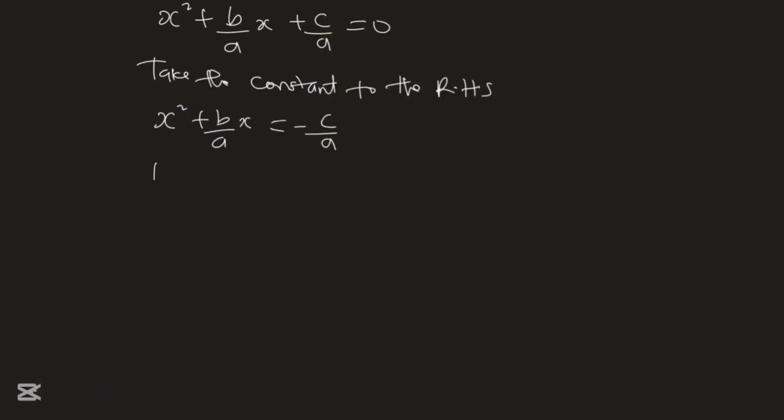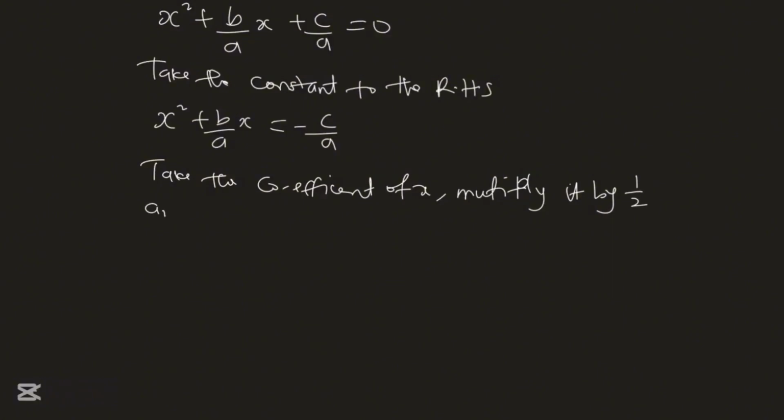So we take the coefficient of x, multiply it by 1 over 2 and add its square to both sides.